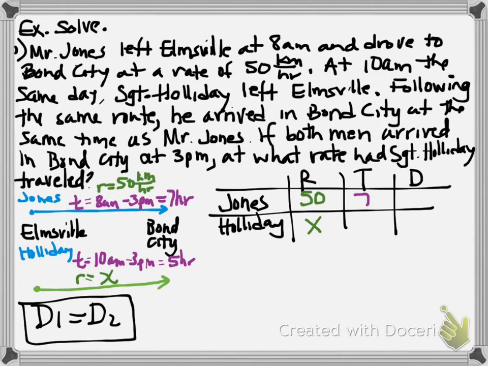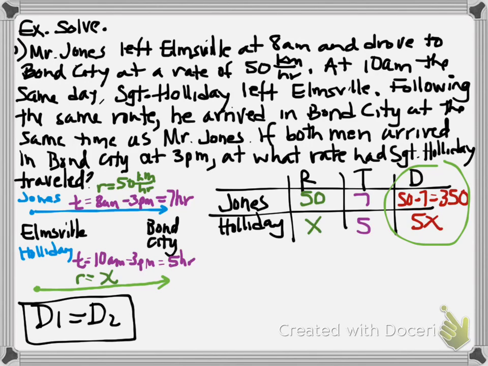Time was 7 for Jones, but 5 for Holliday. And then to get the distance, the last value, I just do the products. So 50 times 7 equals 350. And then we have 5x. It is this last column that tells me distance, which is what I need for my values in my equation.